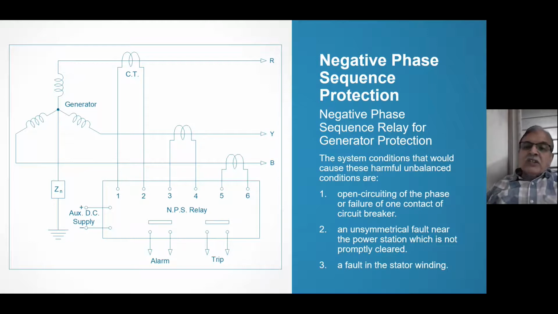If negative phase sequence current crosses 5%, then the problem occurs. What problem will occur, that we'll see later. But let us first see that imbalance in IR, IY, IB is practically impossible because the major load is induction motor, and induction motor is a mechanical load. So induction motor consumes balanced load only.